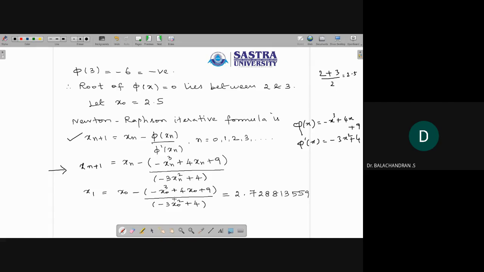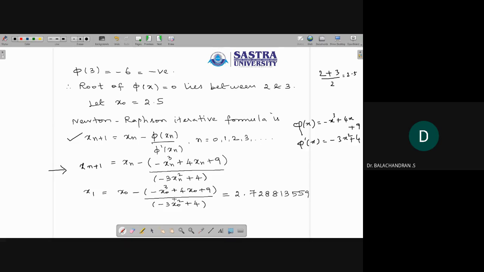Then plus 4 alpha x plus 9, close one bracket, and then divide by: again open one bracket, minus 3 alpha x, closing bracket, x for x square, plus 4. There are three closing brackets.